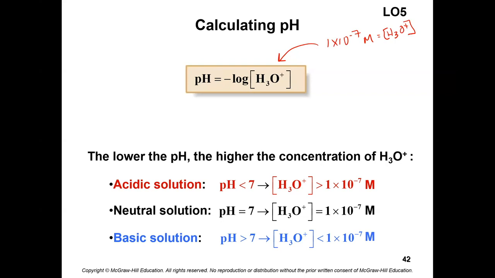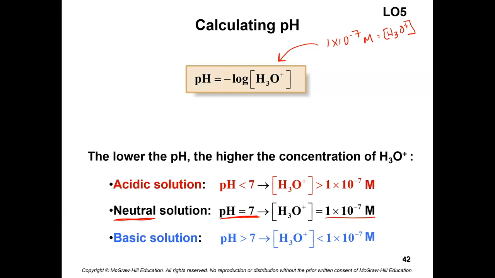So if you plug that into your calculator, you are going to get a value of 7. Okay, and this is why a neutral solution is going to have a pH that's equal to 7. Because when we plug in the concentration of H3O plus, naturally, of water, you're going to get a pH of 7. So when the pH is 7, this is a neutral solution.